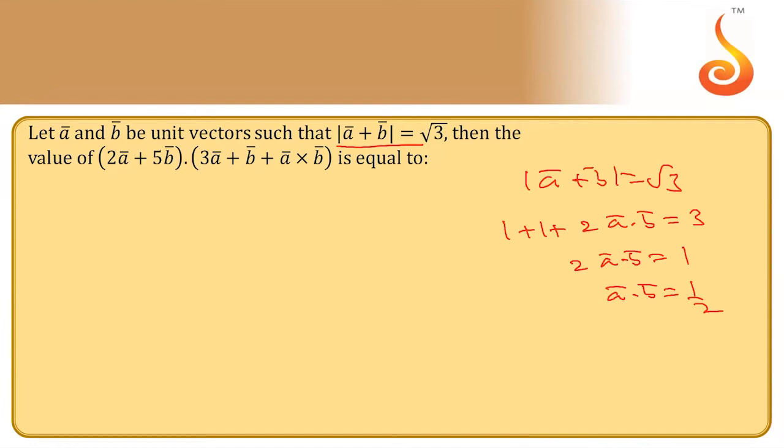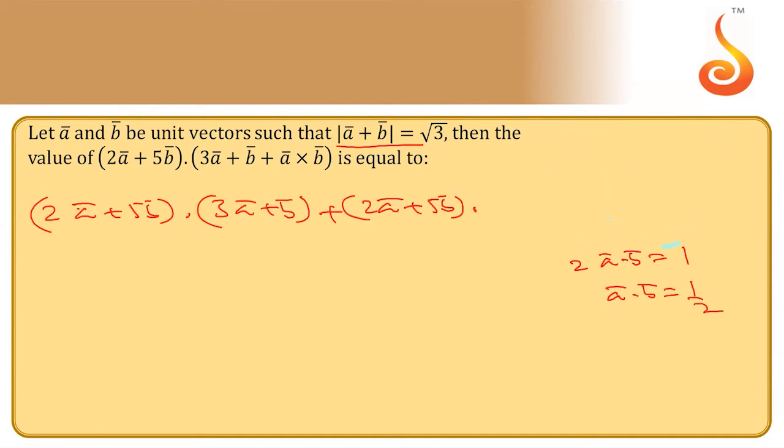So hold it. Now what I am doing is taking the dot of this given one. I will take the dot for the first term and the second term: (2A bar plus 5B bar) dot (3A bar plus B bar) plus (2A bar plus 5B bar) dot the cross term.